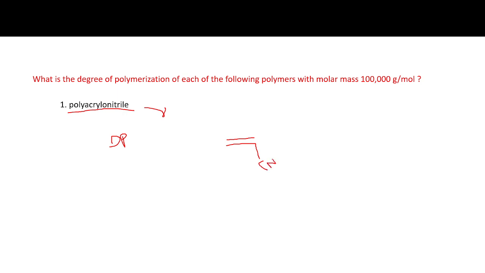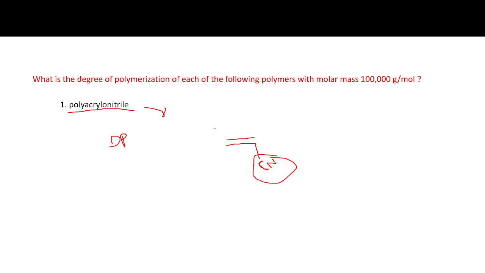Like any acrylic group, there will be a double bond, and on this double bond there will be some group, like polyvinyl chloride, polyacrylic acid. Instead, in polyacrylonitrile, a cyanide group is present. In polyacrylic acid, COO is present.